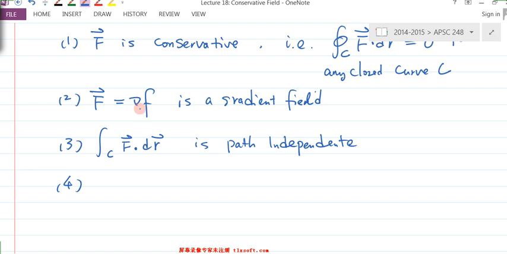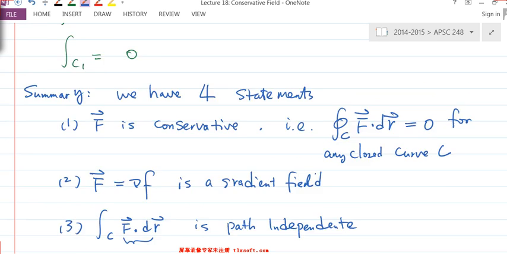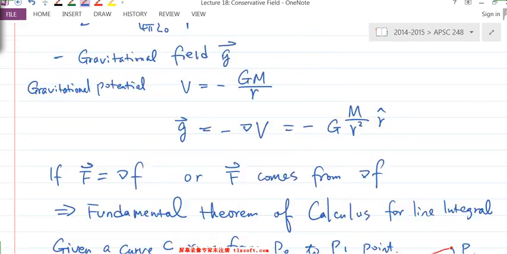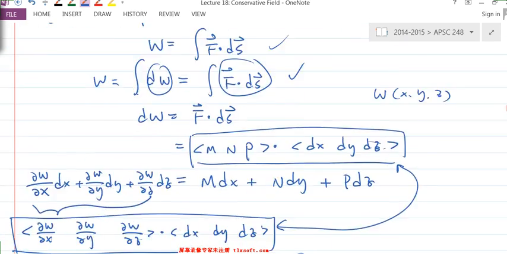Number 4 is actually from this number 2. So you see this f dot dr, right? I think we derived a formula for this f dot dr at the beginning of the lecture.